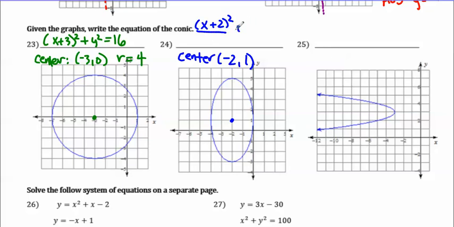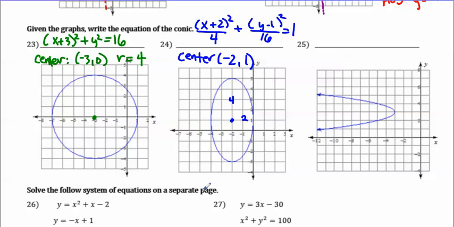Come back for the denominator, plus y minus 1 squared, and the denominator here in the x direction, I'm going 2, so that's going to be 2 squared, which is 4. In the y direction, I'm going 4, so 4 squared is 16, and then the ellipse is going to be set equal to 1.